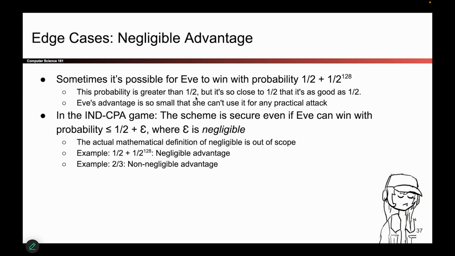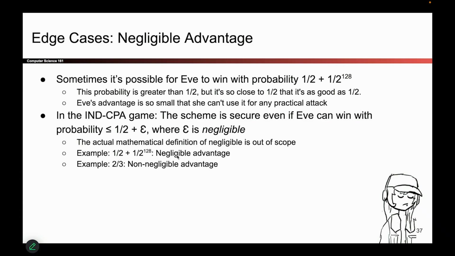So in order for Eve to win, and for us to say that the scheme is insecure, Eve has to have what we call a non-negligible advantage. And we're not going to define this mathematically for now, but you can imagine something like 2/3 is non-negligible. She is winning with significantly better than 50% probability. But something like 50.0000001%, that's negligible.